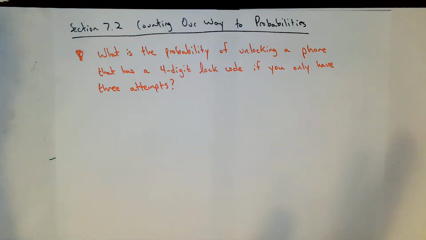Typically, at least in these early problems, the numerator is not going to be the issue. It's going to be the size of that sample space. How many different possibilities are there for a 4-digit lock code? That's really the question.